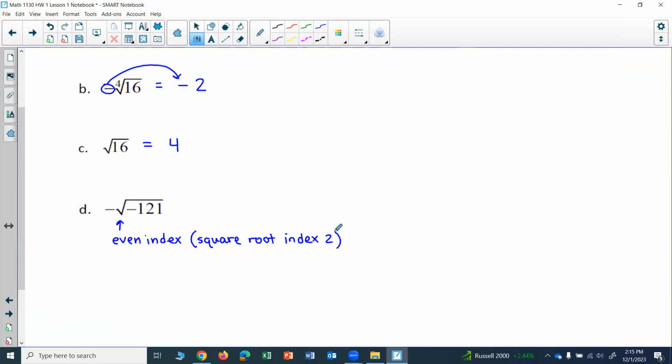So because I have an even index, the radicand cannot be negative. So an even index, so the radicand, the number underneath the root, cannot be negative.